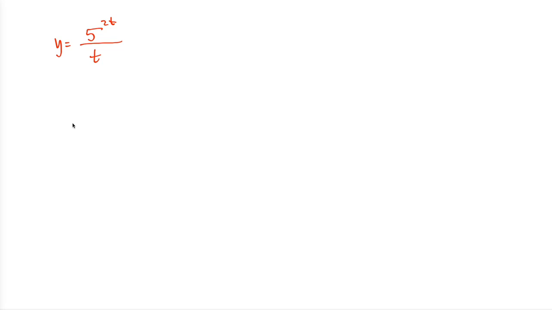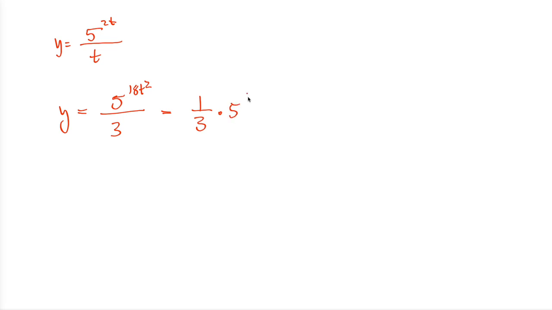The only time you don't need quotient rule is if you've got a problem written like, I suppose I shouldn't have picked 5, but if you've got a problem written like this, where one portion of it is just a number, then you're not going to need quotient rule because you can write that number as a multiplier.